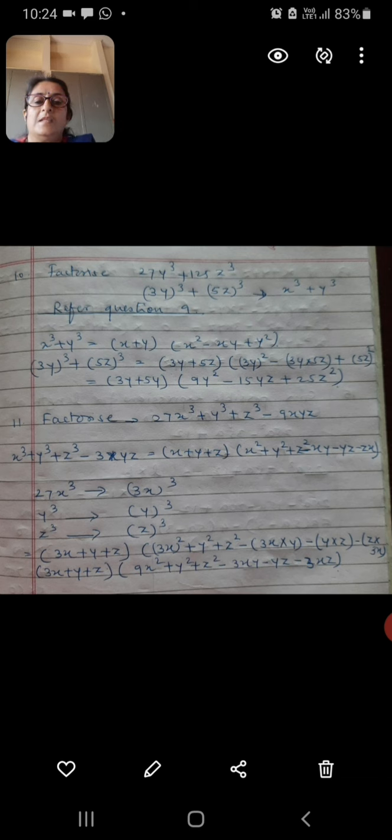So split all these terms. 27x cube, if you split, you will get (3x) cube, y cube is y's cube and z cube is z's cube. So if we put in the format, you will get (3x plus y plus z) as the first factor, and the second one is (9x square plus y square plus z square minus 3xy minus yz minus 3xz).